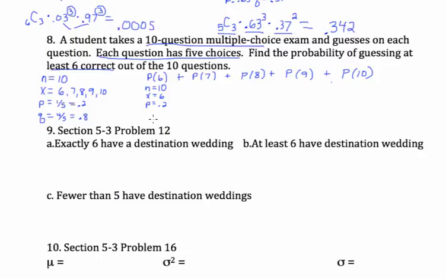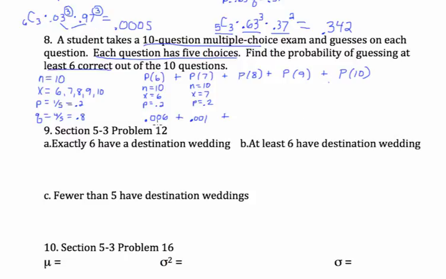I'll find the probability of that situation. Then I'll do the probability of x being 7, so that will be n equals 10. This time the x is 7, but still my probability is 0.2. And so on. So you go to the back of your book, pages 638 to 643, and find those probabilities.